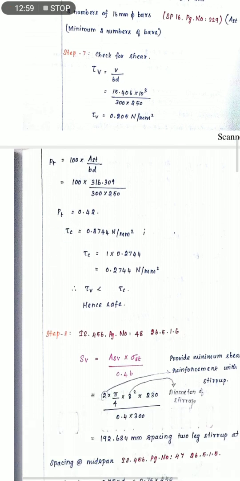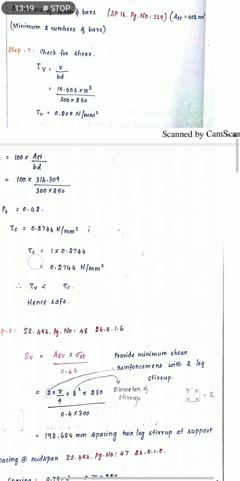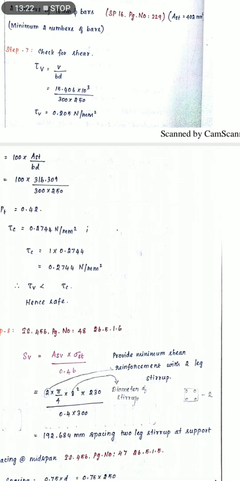If tau v were greater than tau c, we would provide shear reinforcement spacing as ASV into sigma st by 0.4 b, that is the minimum shear reinforcement according to IS 456. ASV is the area of vertical shear reinforcement. Here a two-legged 8 mm dia bar can be used as stirrup.